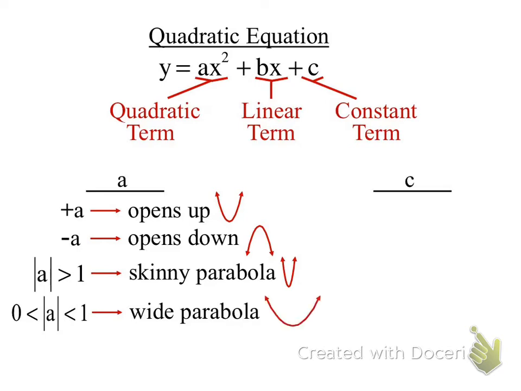Okay, tell me about the C. What is that? How about Manuk? C is the constant term. Constant term. And it is the, what else? Where does that tell us?